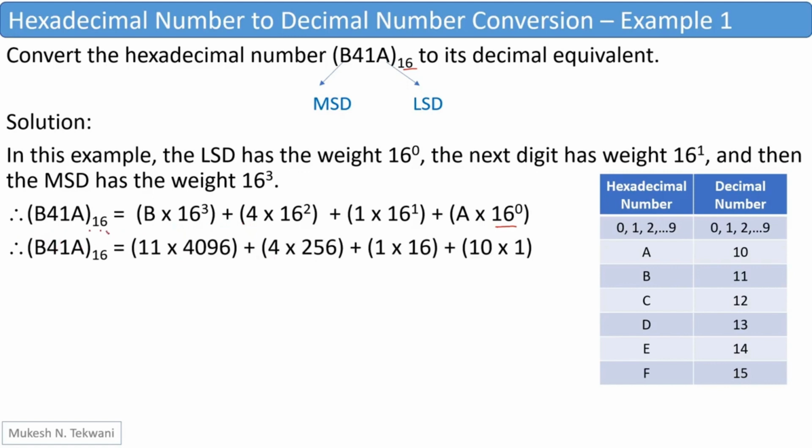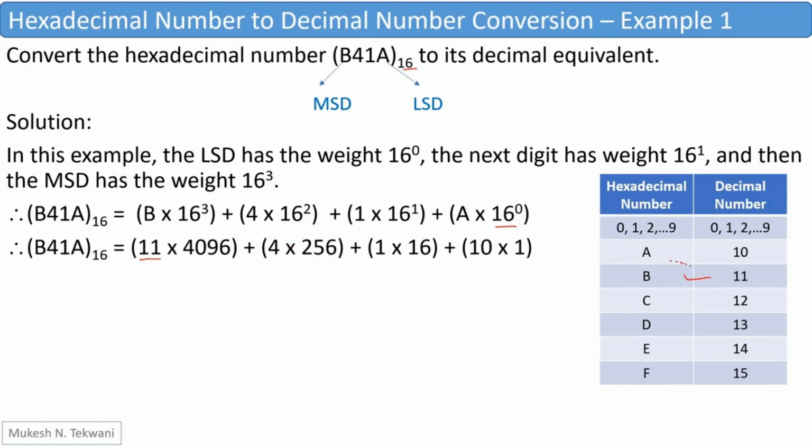This can be written as, now using our table, we will substitute. B we know has the equivalent value 11. So we have B replaced with the decimal value 11 into 16 cube, that is 4096, plus 4 into 16 square is 256, plus 1 into 16, plus A into 16 raised to 0.